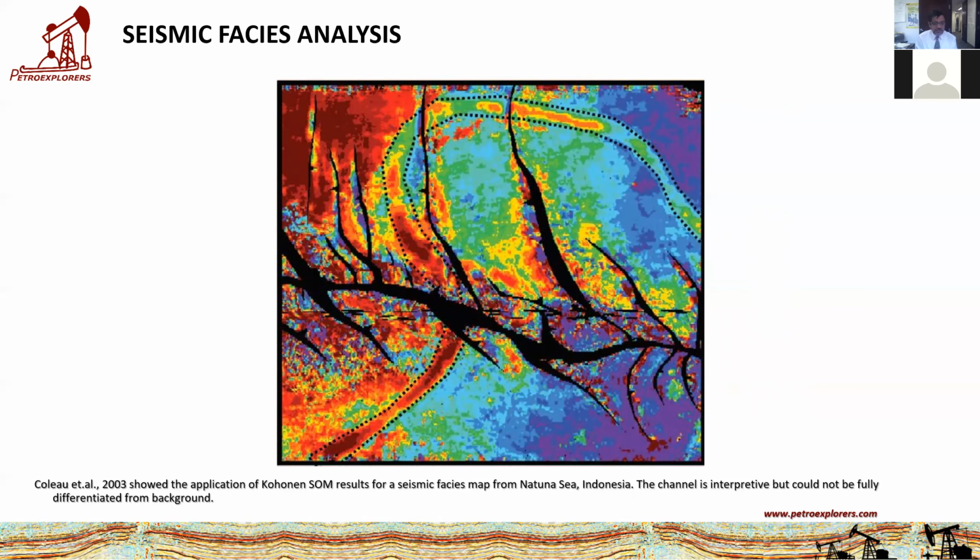This was presented in 2003 from Indonesia by Kolo. This channel you could see, now just normal facies analysis would bring this up, but there are equivalent trace types here versus what is in the channel.